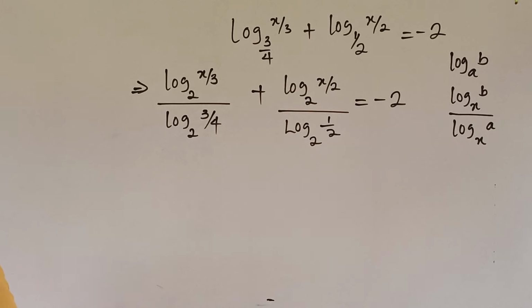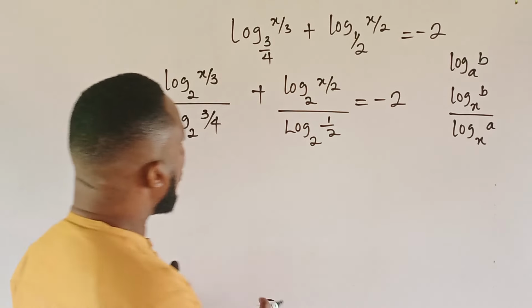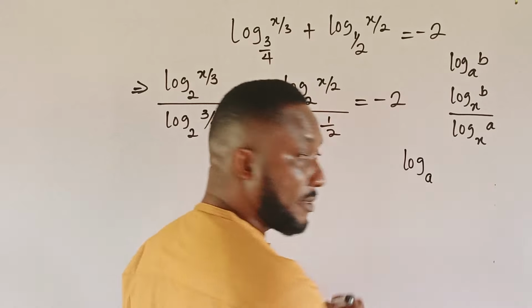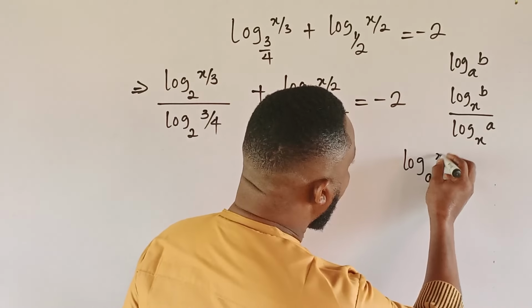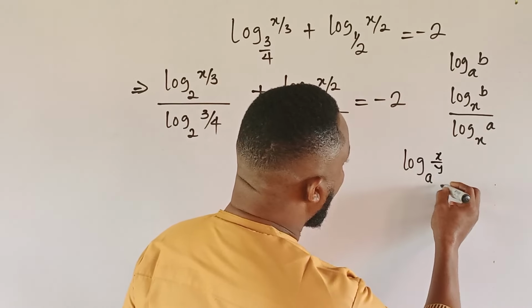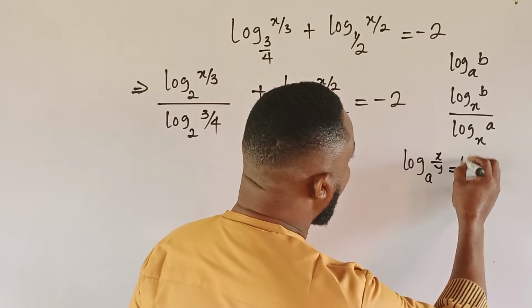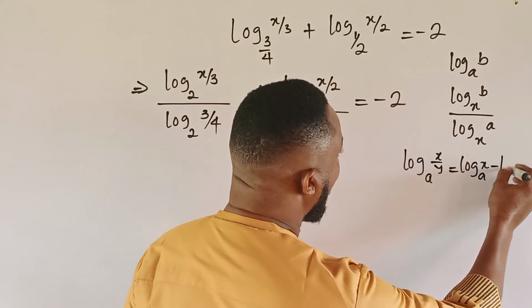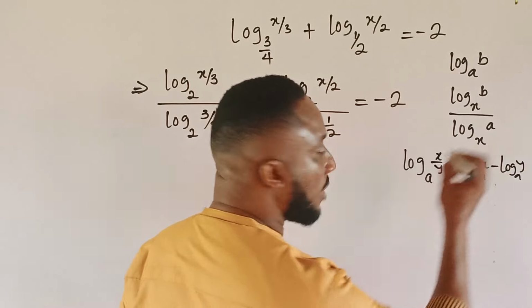Then again, we look at our algebra toolbox. We know that log to the base of a of the argument x/y, we can actually split this to be log to the base of a of the argument x minus log to the base of a of the argument y.